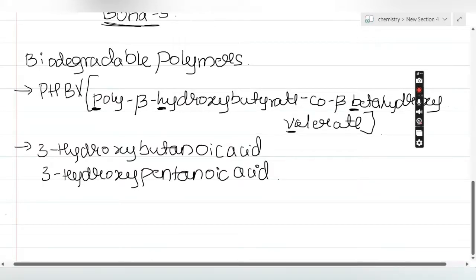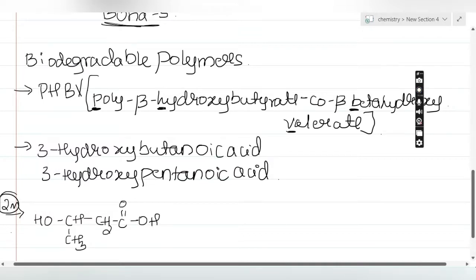So I am writing the preparation of this PHBV, which is quite an important 2-mark question. Write the preparation of PHBV. So 3-hydroxy butanoic acid, I am writing as usual: OH group attached to CH, CH3, CH2, C double bond OH.